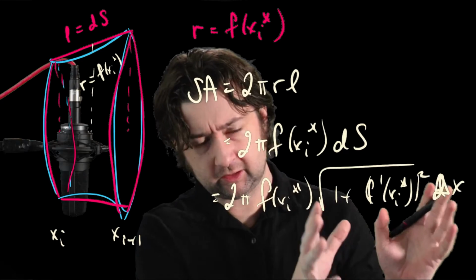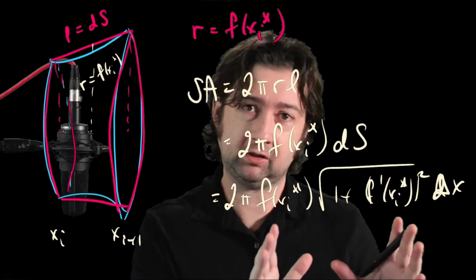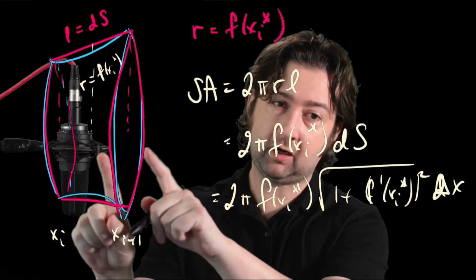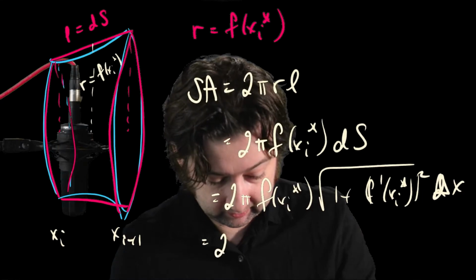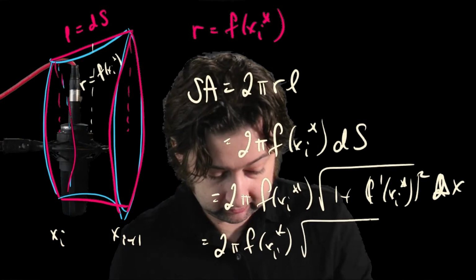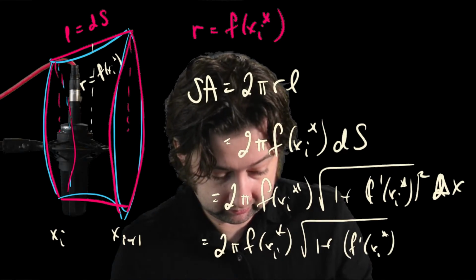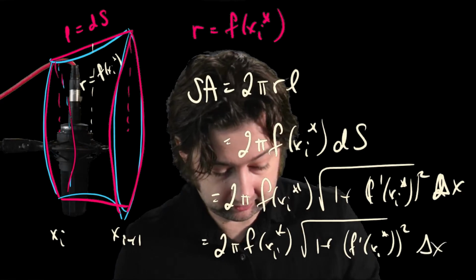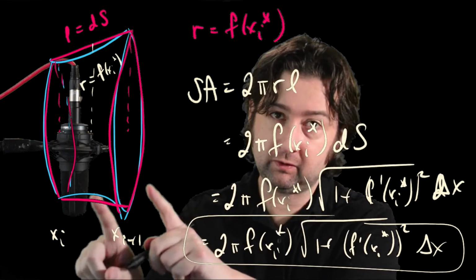So this nasty looking chunk right here is a very simple geometric derivation of the surface area that approximates this band. Okay. So if I'm going to rewrite this neater, 2 pi f of xi star, the square root of 1 plus f prime of xi star squared delta x. So that thing is the approximation for each one of these bands.